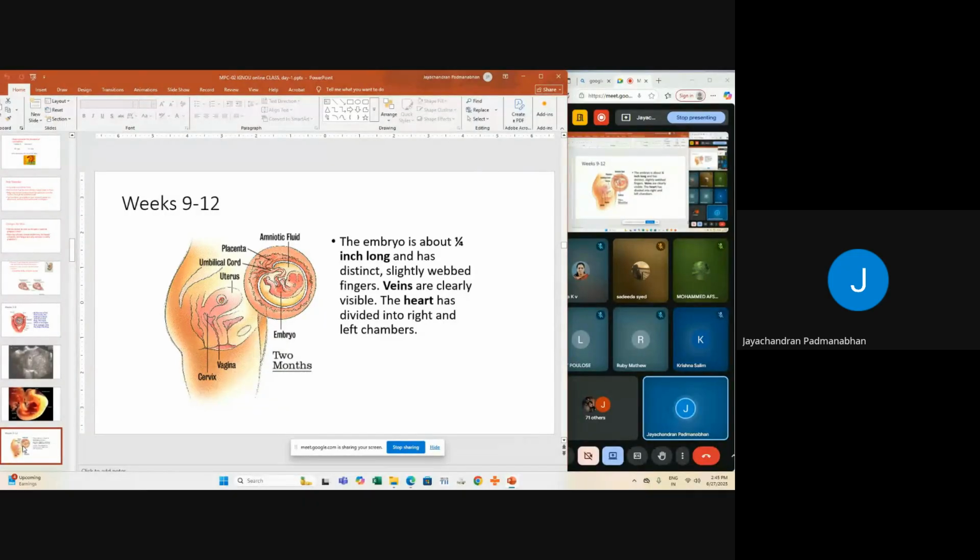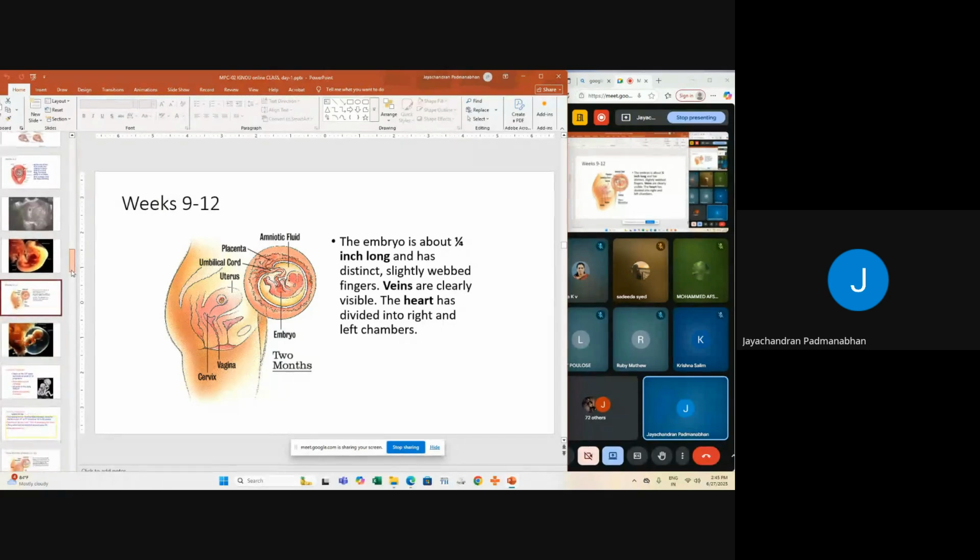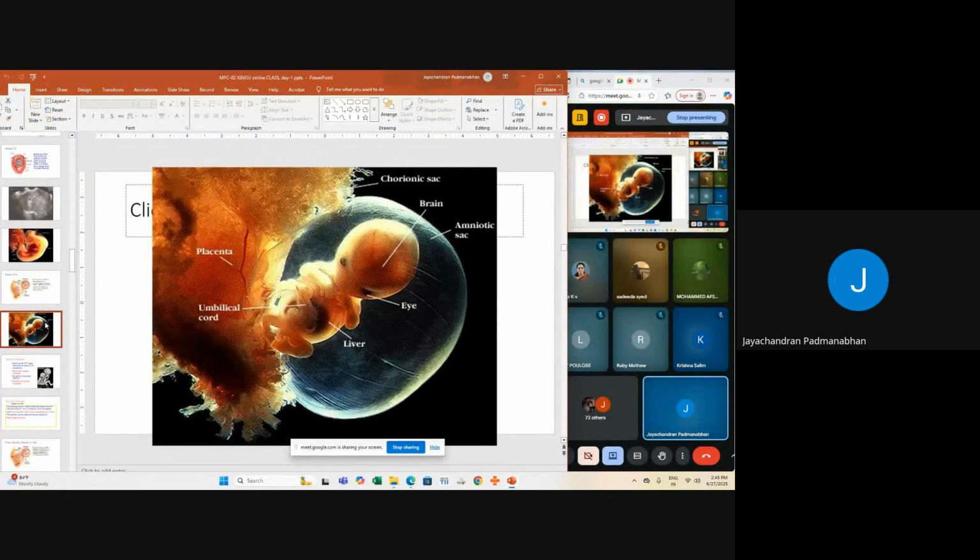So by 9 to 12 weeks, the embryo is about 1/4 inch long and has distinct, slightly webbed fingers. Veins are clearly visible. The heart is divided into right and left chambers. All this development is taking place in the baby.